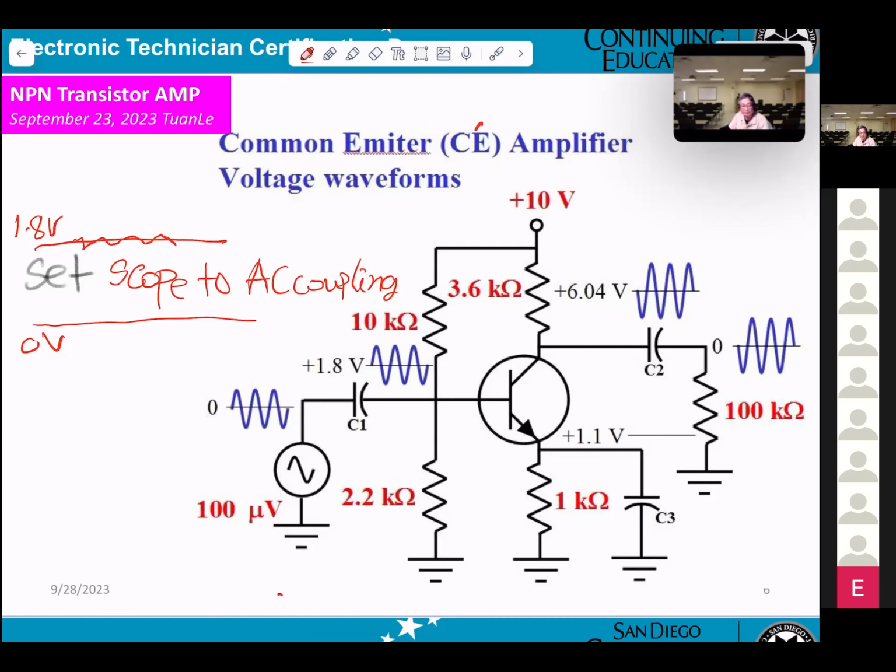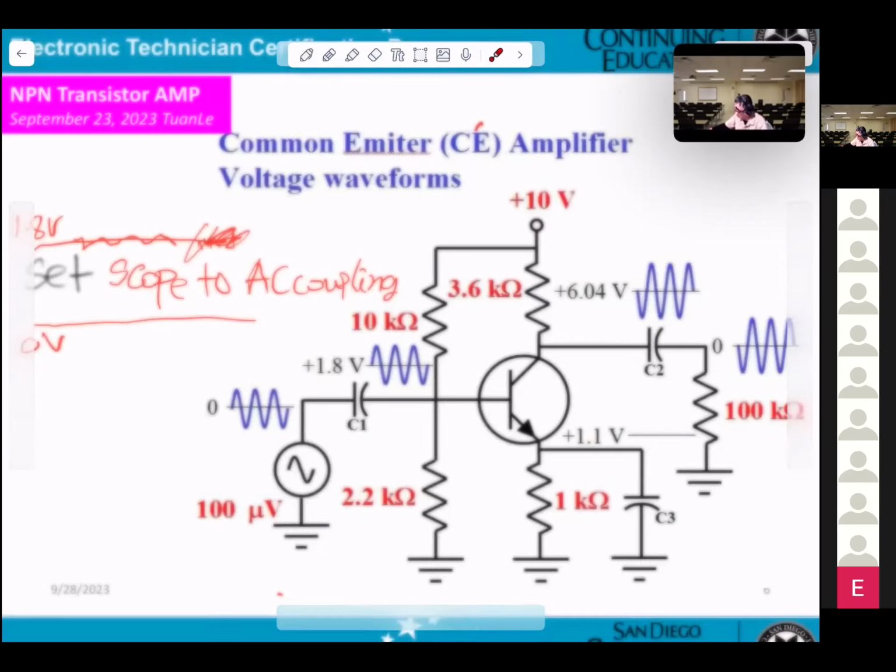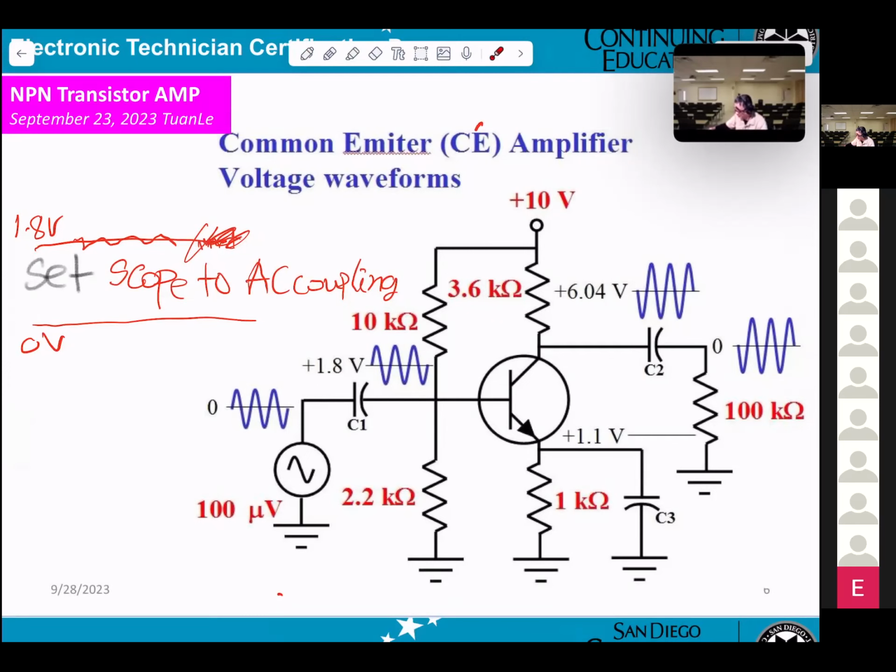Okay? When you set AC coupling, it removes this DC. So that's why you can see that sideways. The thing is, when you're working on the oscilloscope, you can set DC coupling or AC coupling. Okay?